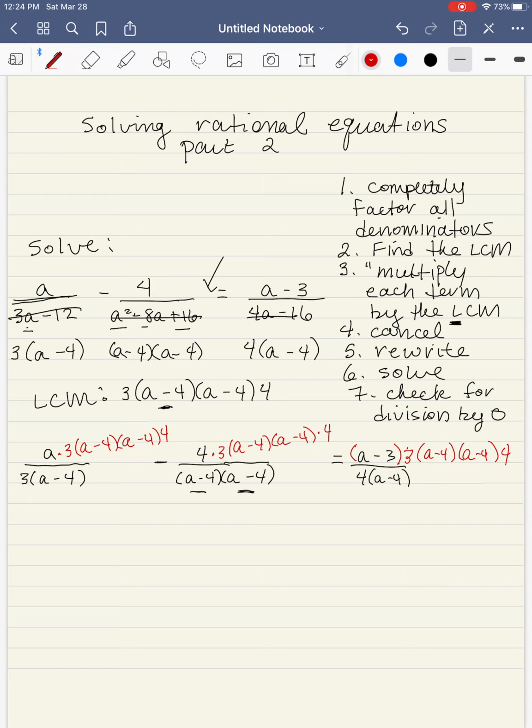It seems like a lot of extra work, but it does help you see exactly what's being canceled on each one. So go ahead, cancel the terms that are like in the numerator and the denominator of each term, and then go ahead and write what's left. Pause the video and do that.